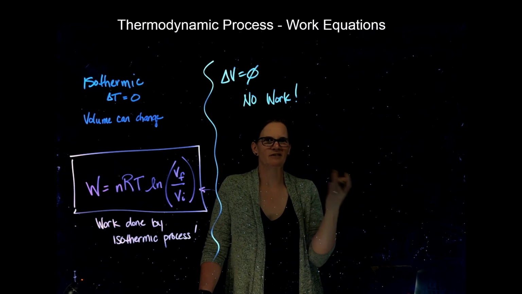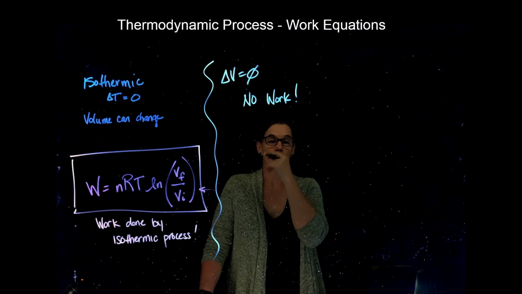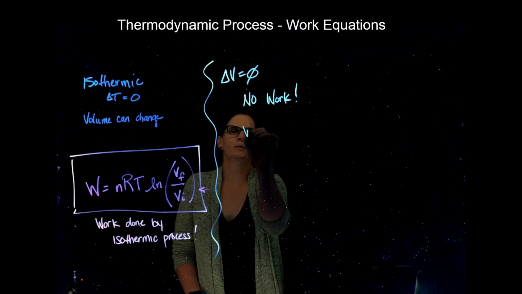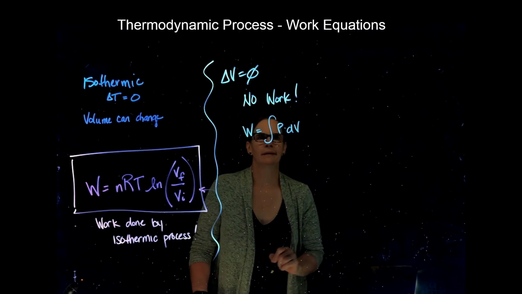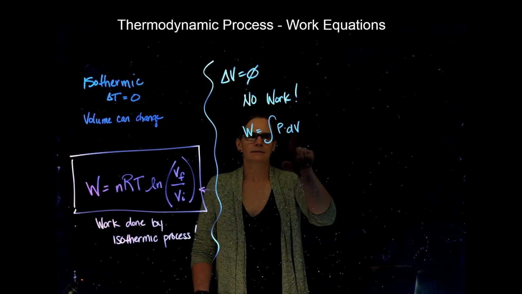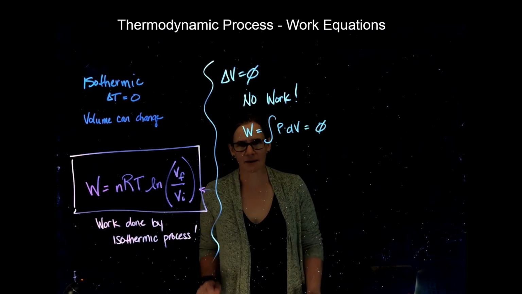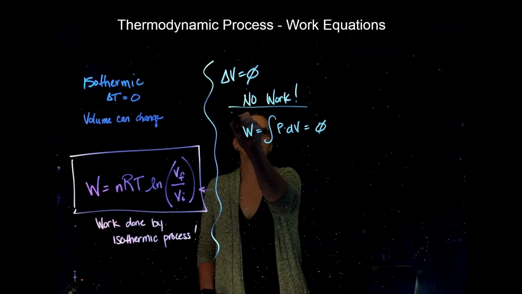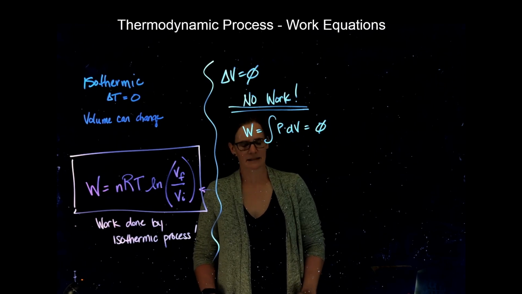Remember, the work was equal to the integral of P dV. If there's no change in volume, this also equals 0. So any way you want to think about it, with an isovolumetric process, no work is done by the system. That one's kind of an easy one.